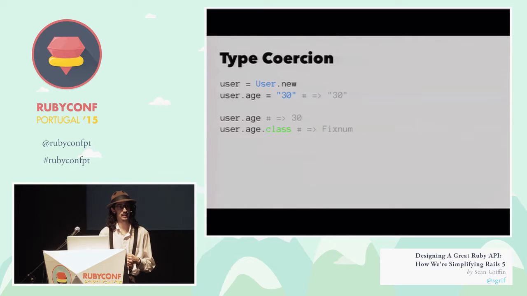Ultimately, it was decided that when you take input from the form builder, you're going to want to pass that hash directly to attributes equals, which means that Active Record now needs to perform type coercion and know about what input the form builder is going to give and how to properly coerce for any arbitrary SQL type on the back end.